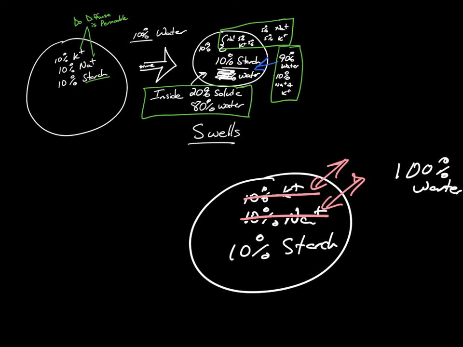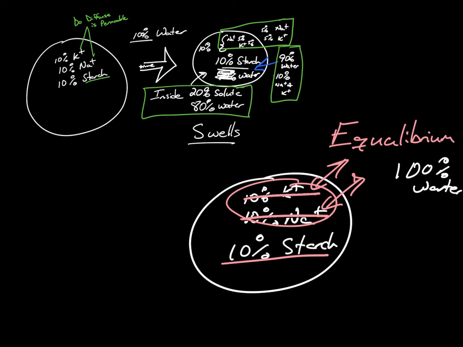This won't be 100 anymore. It'll be something smaller than 100, but you still have this 10% starch no matter what. These are going to reach equilibrium, but the starch will not reach equilibrium.